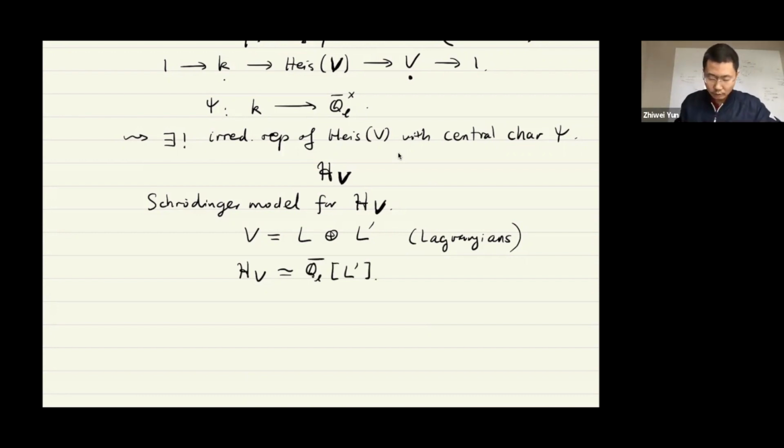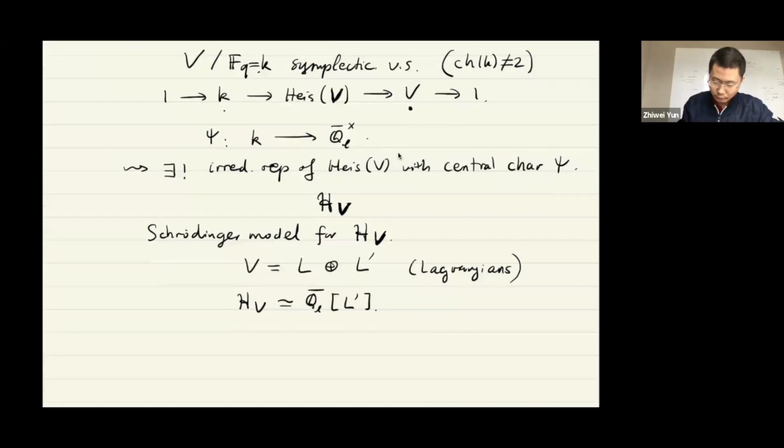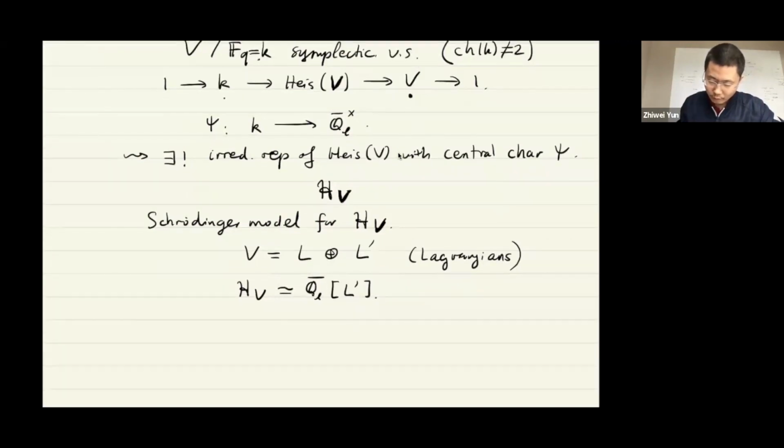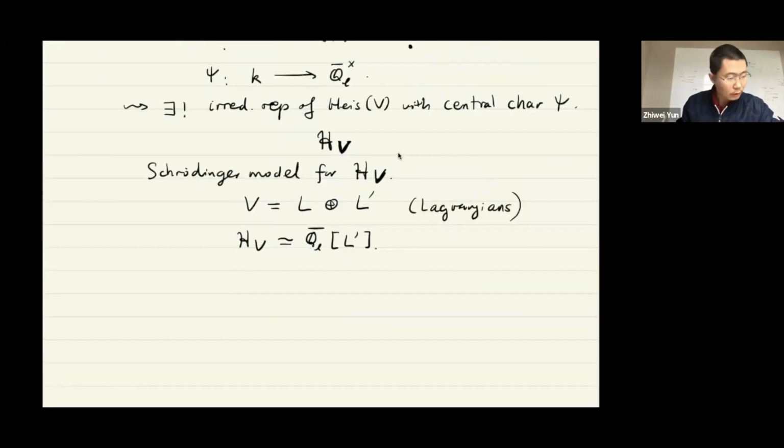So there are various models for this representation. Every time you pick a Lagrangian splitting, you get a model.